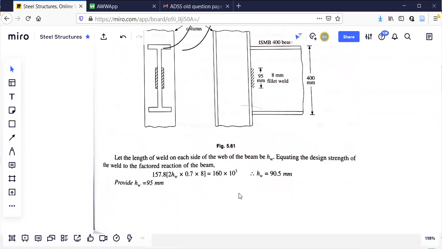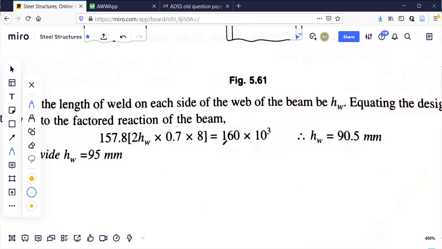How to do it? Look at the RHS here. As I told you, it is the simplest example. This is the reaction to be resisted by the weld. This is the force developed in the weld. What is that? Stress into cross-sectional area, stress into L into throat thickness. Throat thickness is 0.7 times the size.